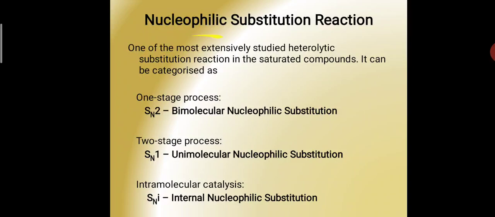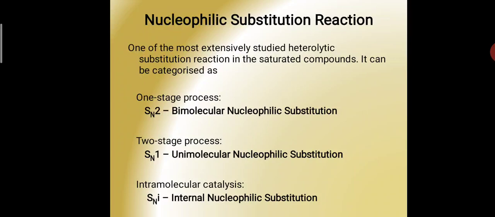So nucleophile means it has to be electron rich and it goes in search of electron deficient species. So this is usually negative charge but sometimes also neutrally charged, but it should contain a lone pair of electrons, an unshared pair of electrons that can be donated to the electrophile.